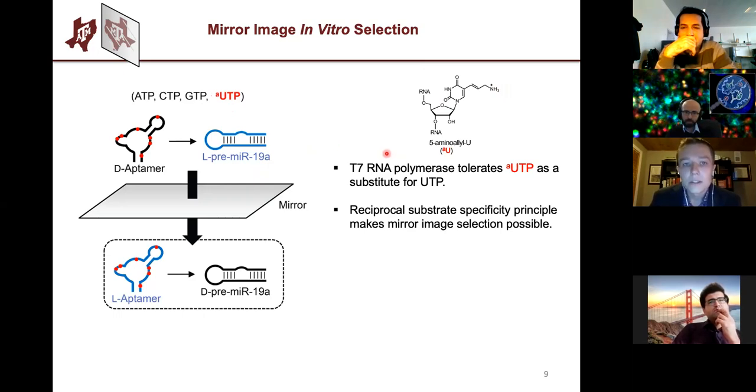The advantage of this amino allyl modification is that the T7 RNA polymerase, which is really standard for doing transcriptions in the lab, accepts it as a nucleotide triphosphate. So it's very simple to incorporate into a library.